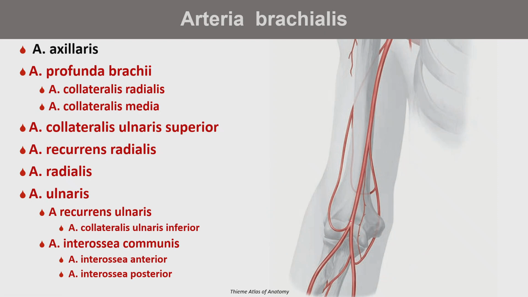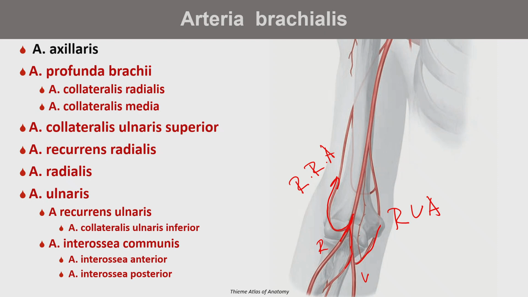Here is the bifurcation of the brachial artery into radial and ulnar. From the radial artery, or distal brachial artery, goes the recurrent radial artery. From the ulna goes the recurrent ulnar artery.